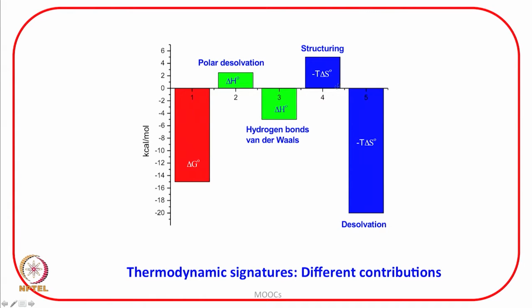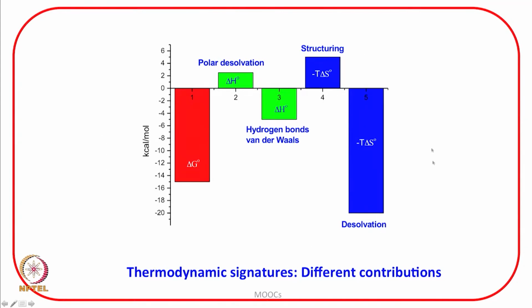Structuring in the molecule will also impose a penalty, and that is an entropic penalty, because delta S naught is negative. And desolvation, although it is expensive in terms of enthalpy, releases water molecules, and therefore contributes to making delta G naught more negative.